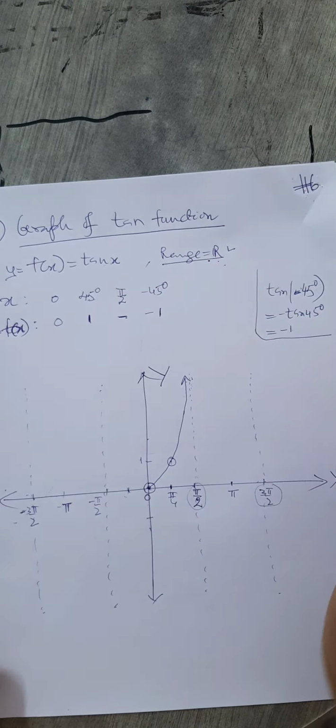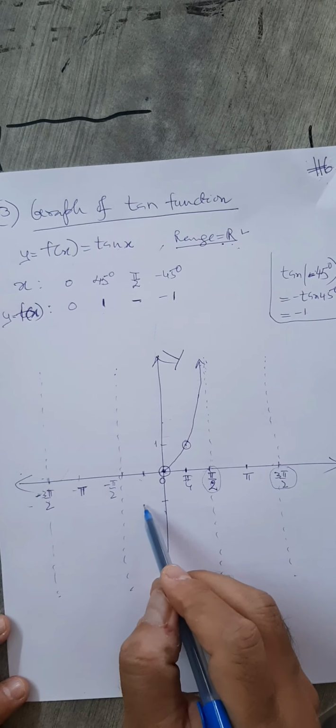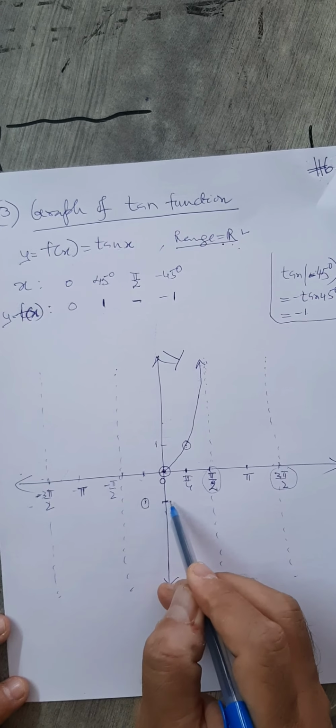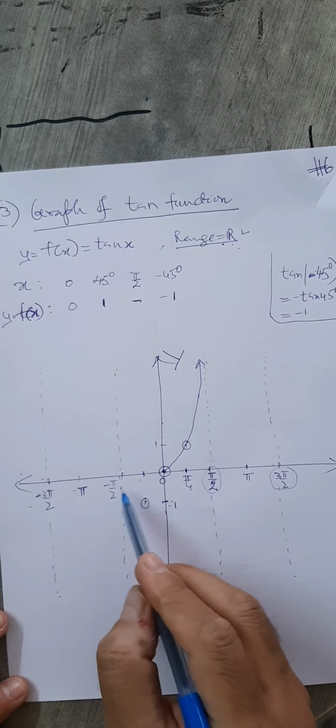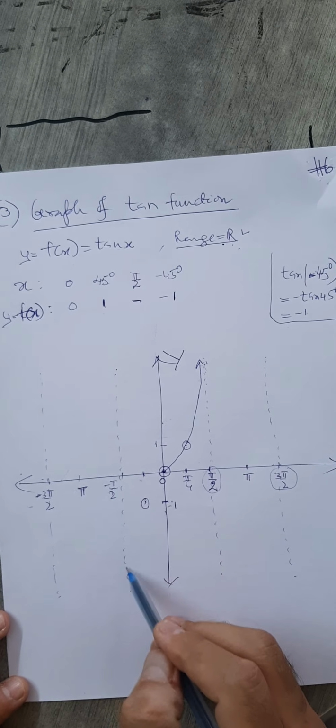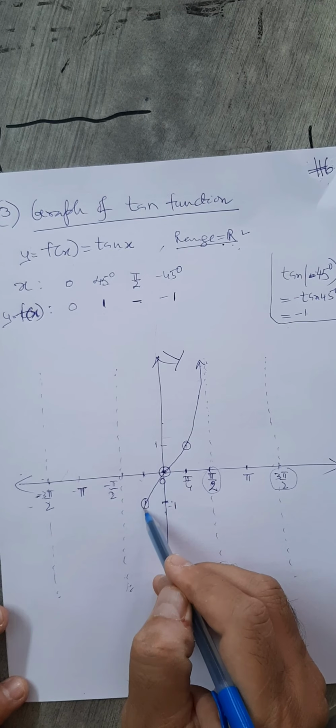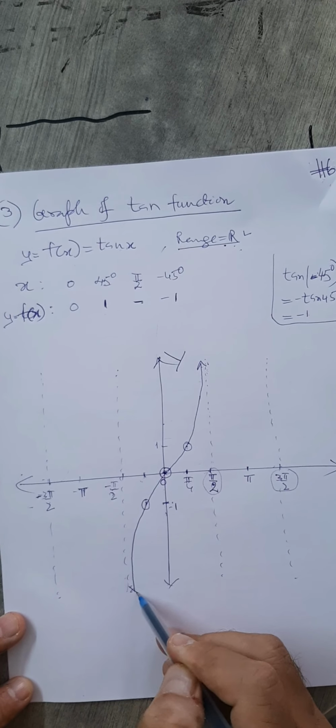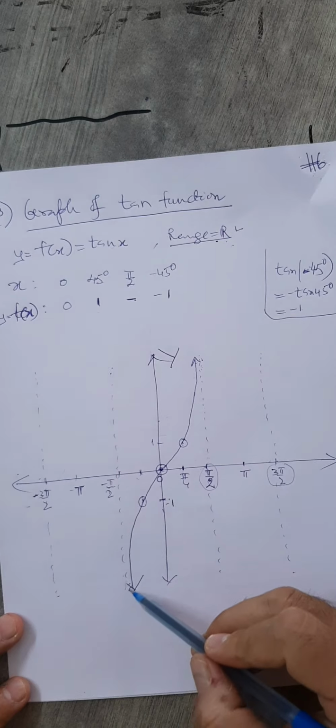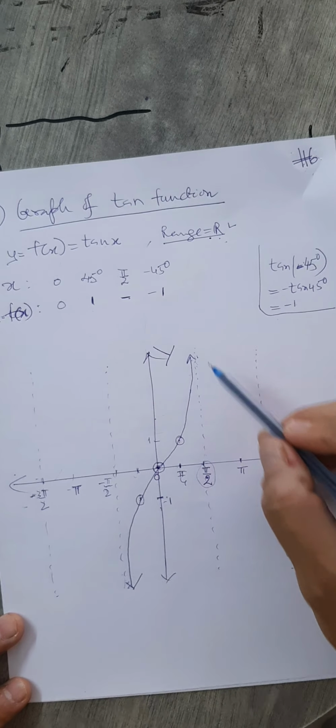So here it is minus 1 somewhere here. This is minus 1, remember. At minus pi by 2 it is very large but negative y, remember. So it will pass through this and it would be like this. So this is the graph of tan function.